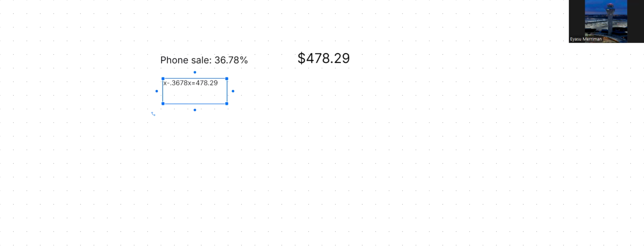So that tells us that the original price was $756.55. So you can see, to find the original price of something given the percent and the discounted price is simply the discounted price divided by 1 minus the discounted rate.